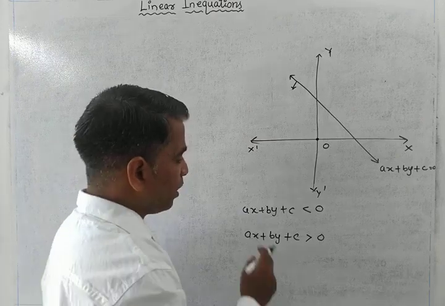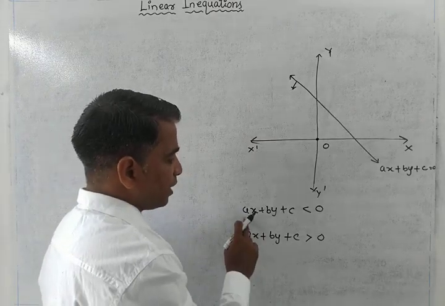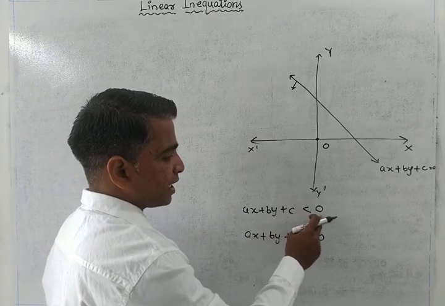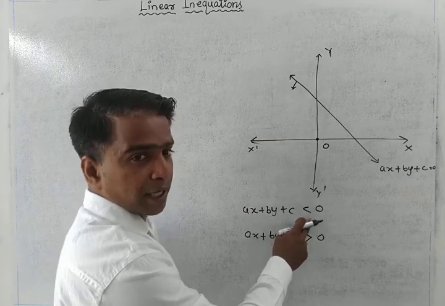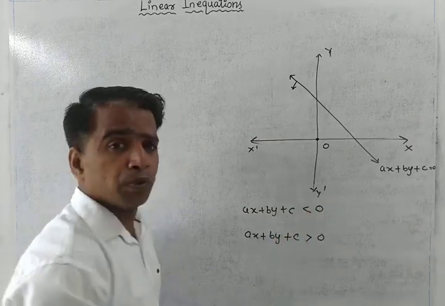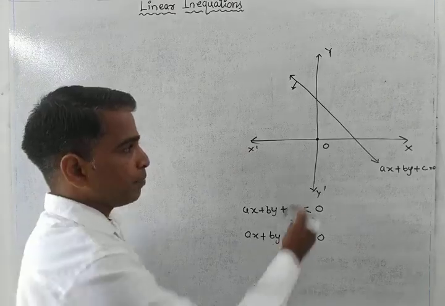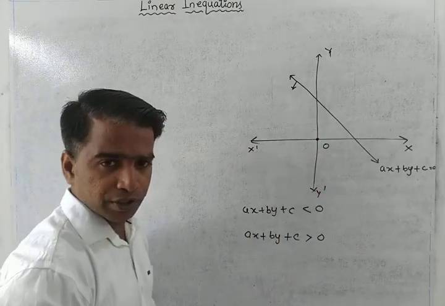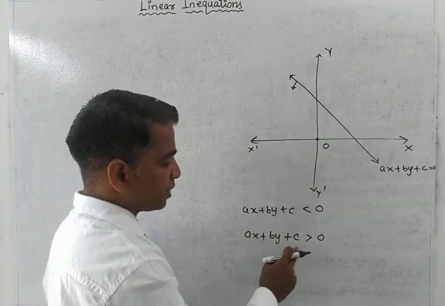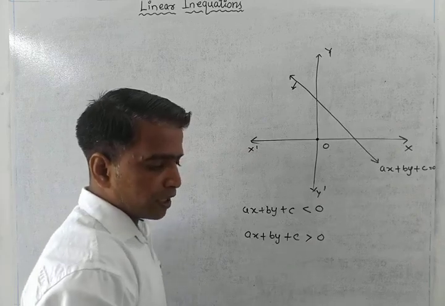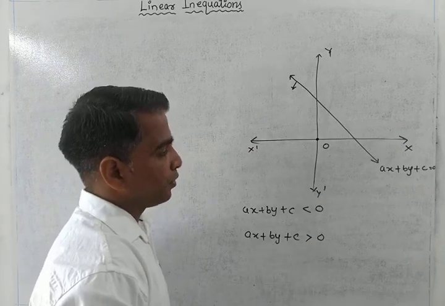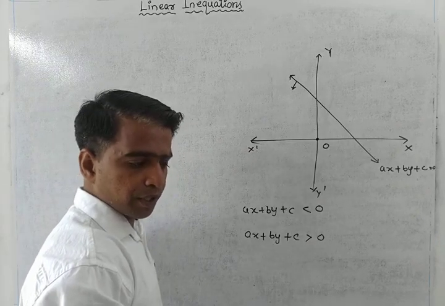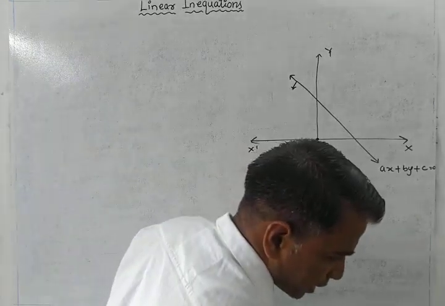Okay, now always be clear: when ax plus by plus c is less than or equal to 0, that part is always towards the origin. And when ax plus by plus c is greater than or equal to 0, that part is always away from the origin. Okay, so that must be clear.